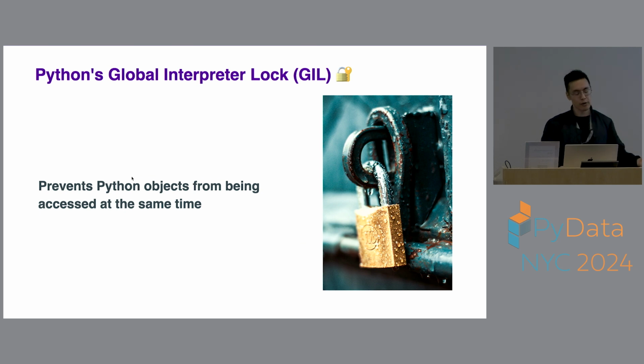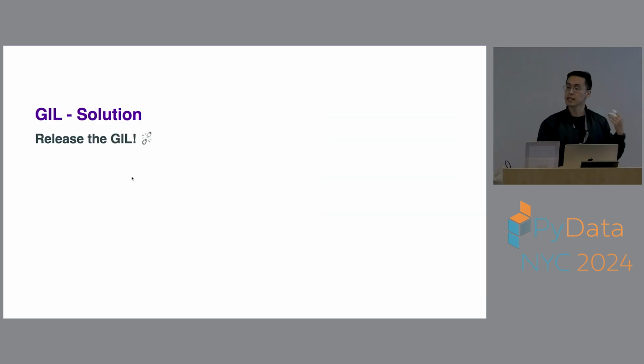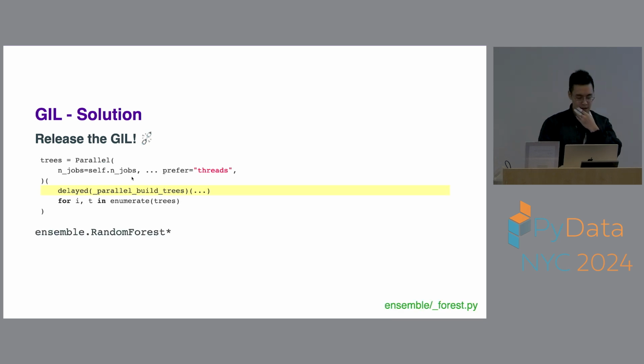But the solution to this that many numerical libraries have used is releasing the GIL. If, let's say, this is code taken from training a random forest, this function here, parallel build trees, is a function that mostly releases the GIL.